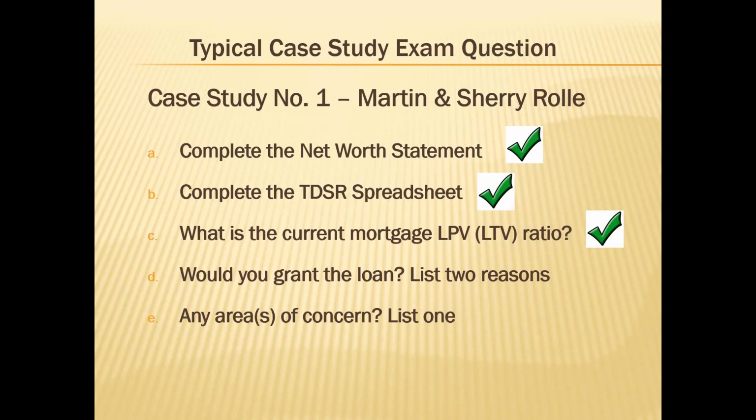At the bottom of the write-up, it says the assumed retirement age for both is 60 years of age. I know that I have 20 years on Martin and 23 respectively on Sherry, so I still got some time to play with them. So they still have a good number of income earning years before a normal retirement. Okay, good. Yes, sir. Okay, what about their credit history or payment history?